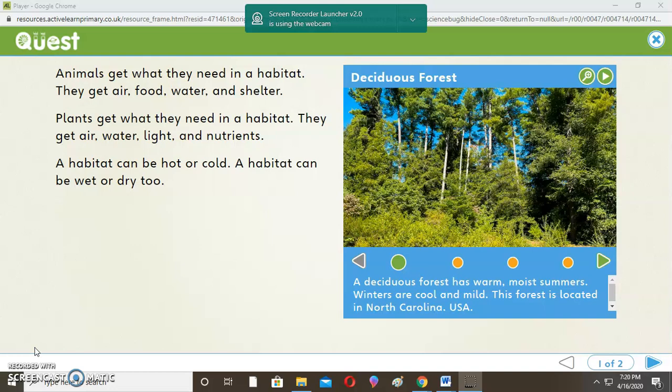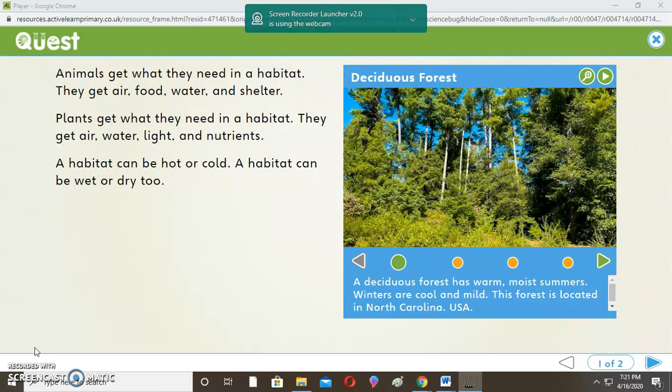Now, before we look at them, I want you to understand that habitats vary. There are different places that animals and plants live, and it depends on the conditions. You might find a habitat that can be hot or a habitat that can be cold. The plants and the animals will choose the habitat with the environment that they are comfortable with.